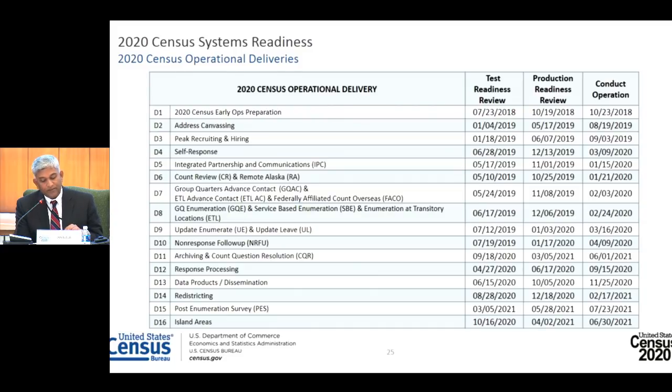In order for us to get the true picture of readiness for conducting an operation, remember, operational readiness is more than the systems' readiness and encompasses contracts, hiring, training, budgets, devices, field equipment and infrastructure, etc. So we created teams of 4, a team of 4 representing each operational delivery.